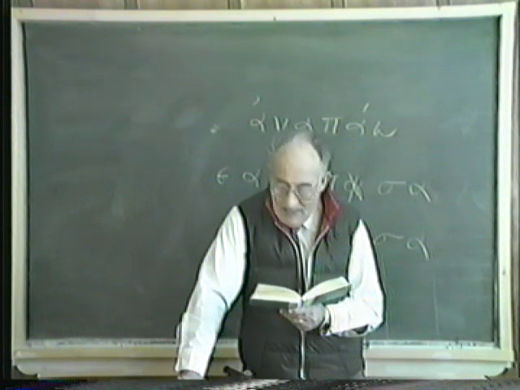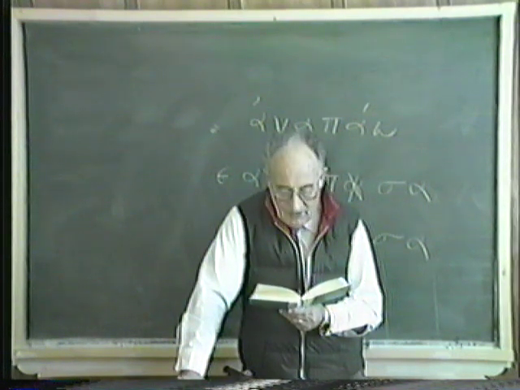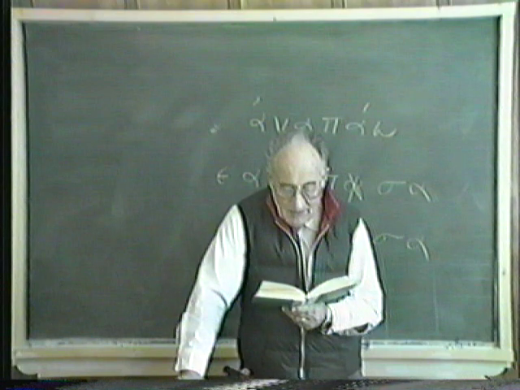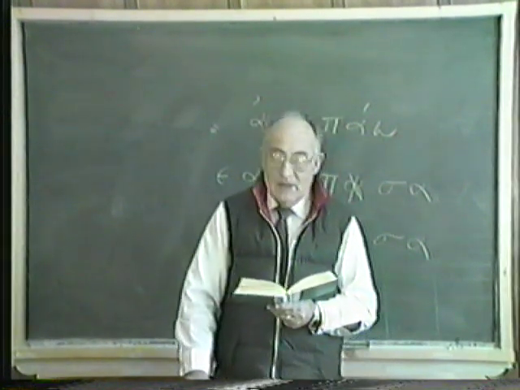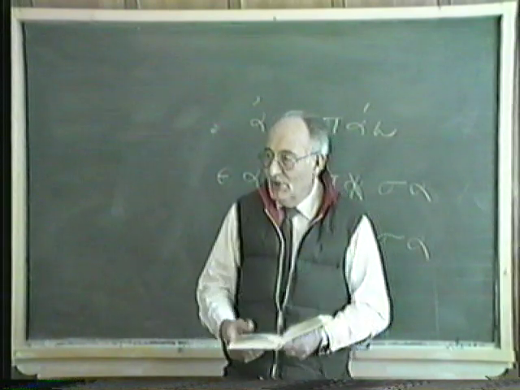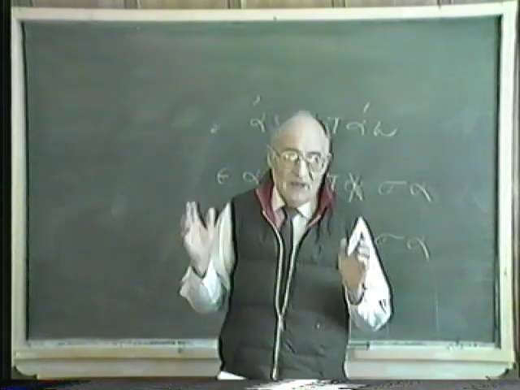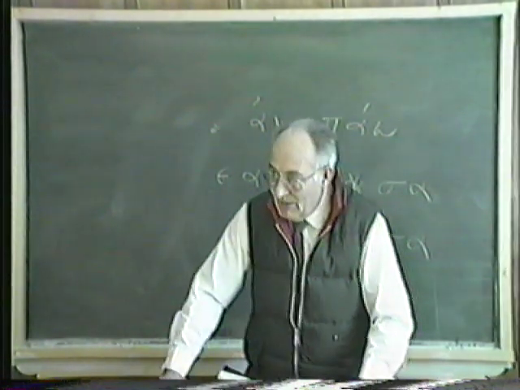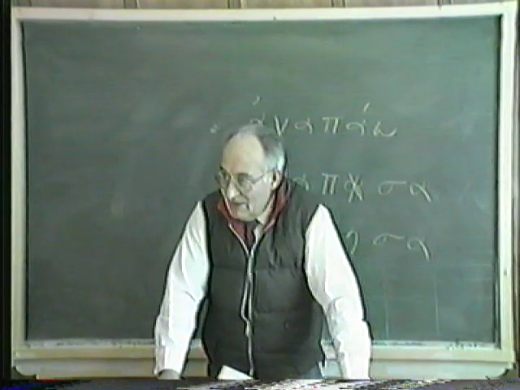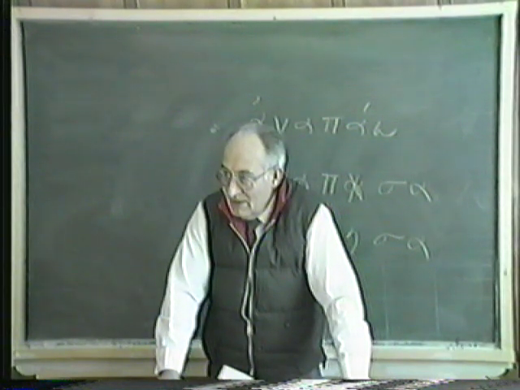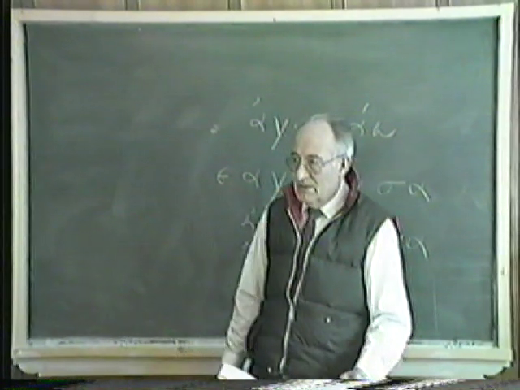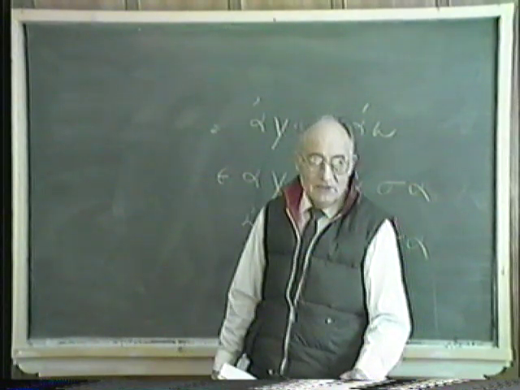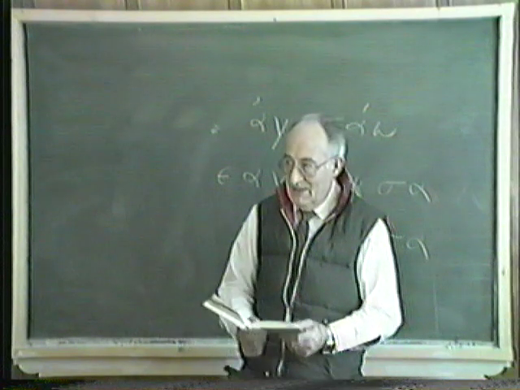So you just have the epsilon by way of the augment, but the omicron changes to the omega before the sigma. Same rule, you've already learned it. You've learned it with the future. The only thing that you haven't learned is the augment. So if you've learned your future, you've already got your first aorist. Isn't that simple? Just as simple as falling off a dead log.